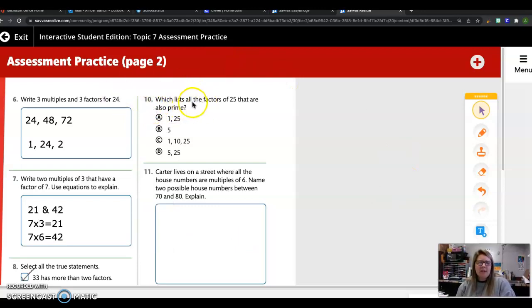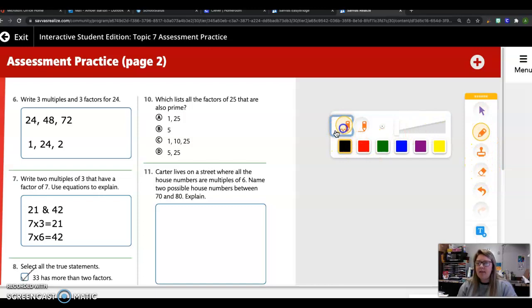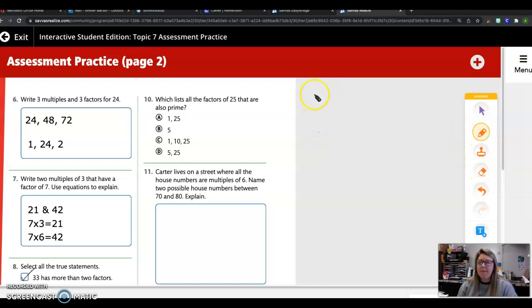It says, which lists all the factors of 25 that are also prime? For this one, we need to start by listing out all of the factors that we know of 25. I already know that the first set of factors is 25 and 1. 2 is not a factor because it is an odd number.